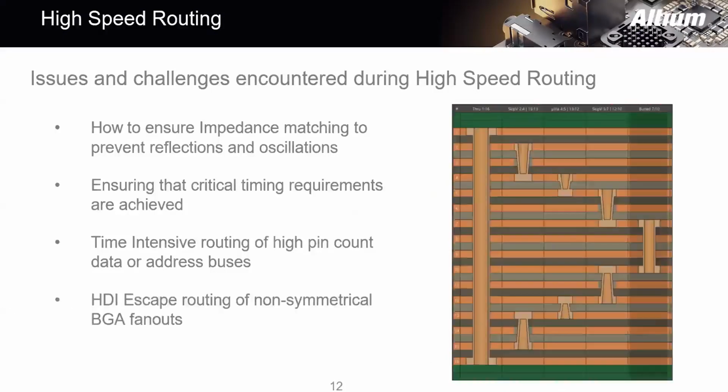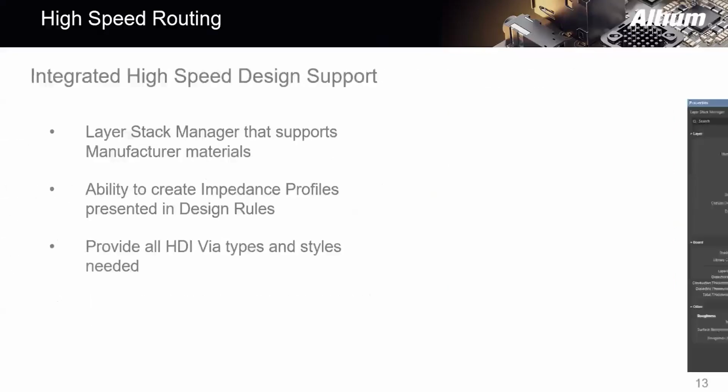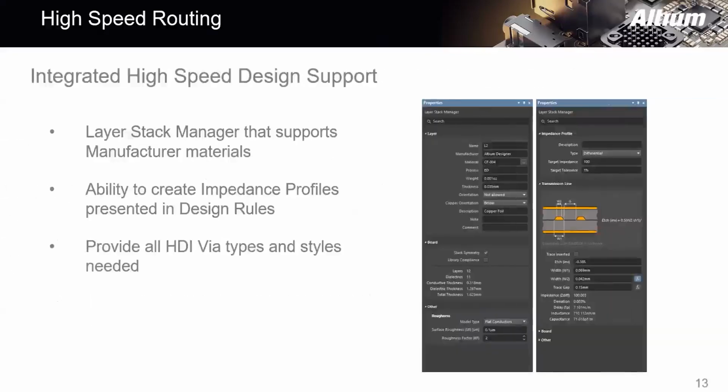Then for HDI boards, we can do a fan out, BGA fan out also, and we can add a blind via, buried via. So like that we can add, and it's integrated. Under the layer stack manager, we support manufacturer material also.